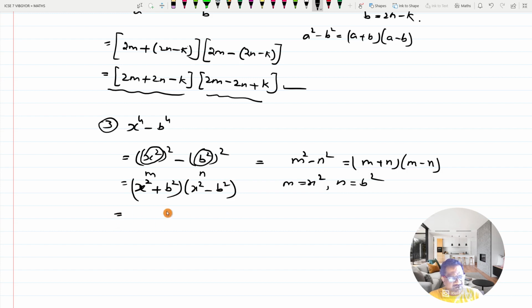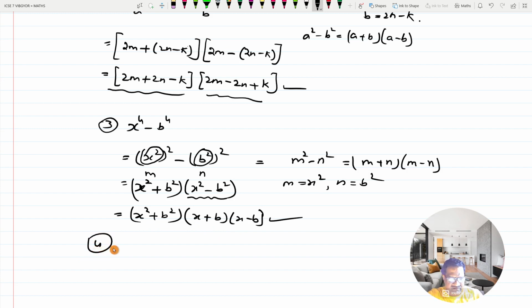But don't stop here, because you can factorize it one more time. x square plus b square you cannot do much about, but x square minus b square can again be written as x plus b into x minus b, in the same way. So ultimately the factorized form will be x square plus b square times x plus b times x minus b. That was question number 3.